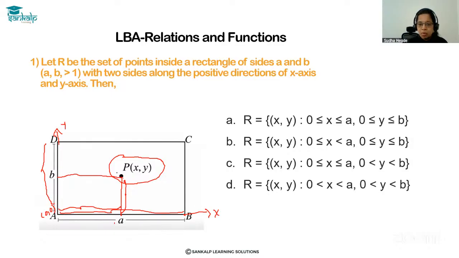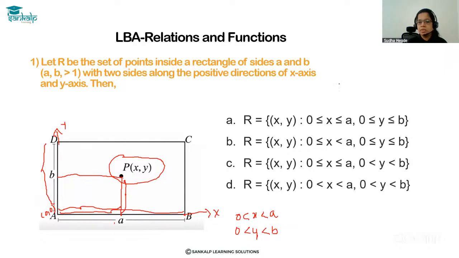So the point x is more than 0 and less than A. Similarly, point y is more than 0 and less than B. Now you check the options.